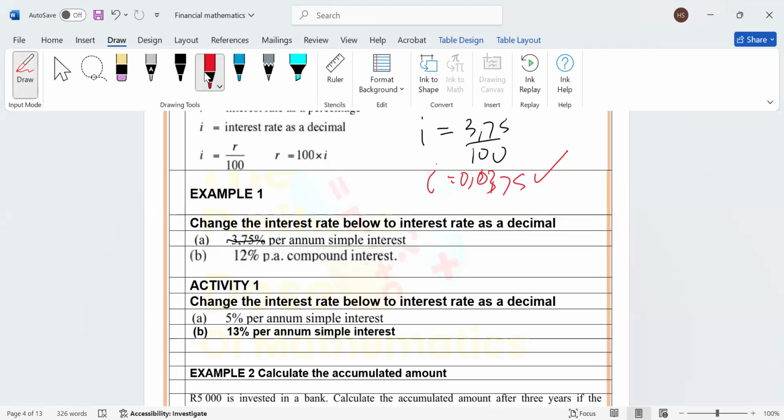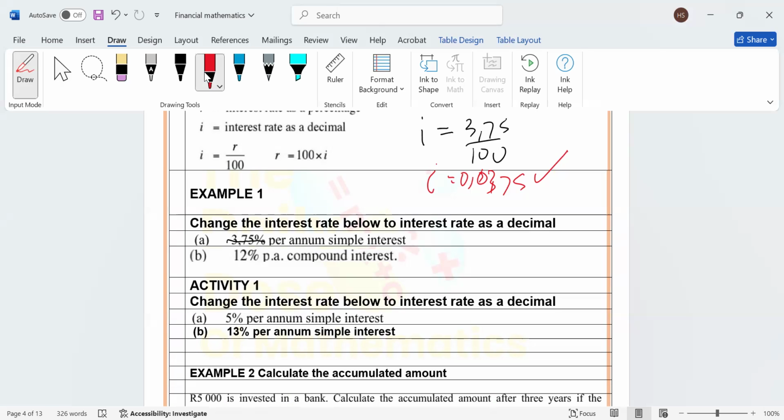How would you convert this thing into a decimal? What are you going to do? That's right, remove that thing.